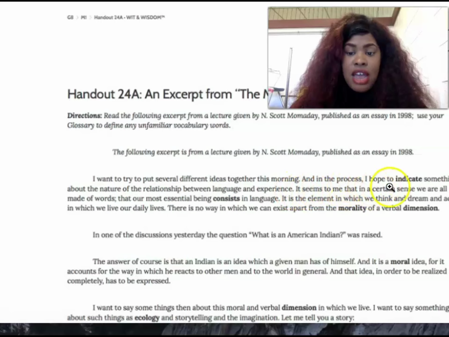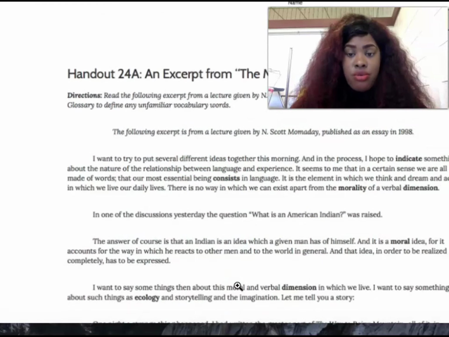And in the process, I hope to indicate something about the nature of the relationship between language and experience. And you will continue to read. Notice that some of the words are in bold. This means that you need to be defining these unfamiliar words or any other words that may be unfamiliar to you within this excerpt before you go on to reading the rest of the article.